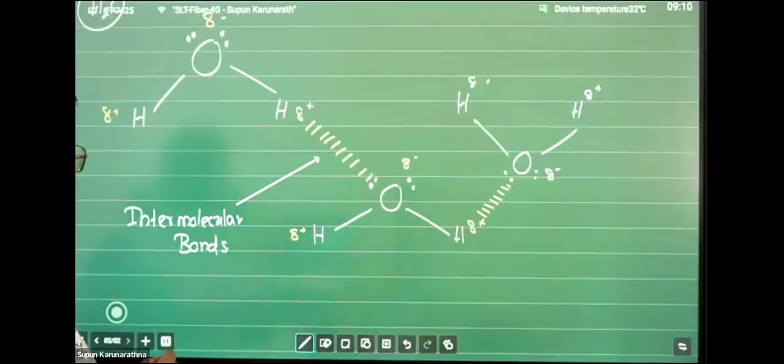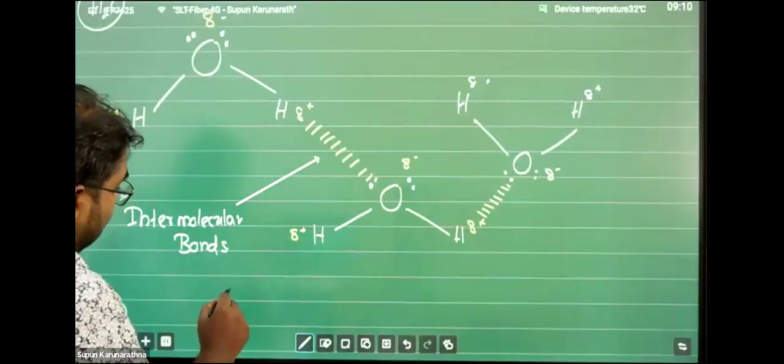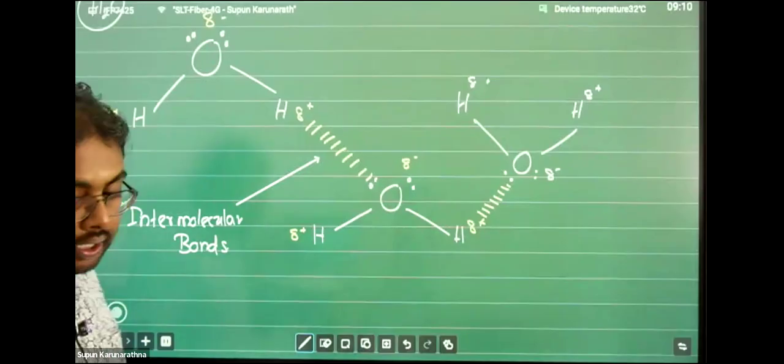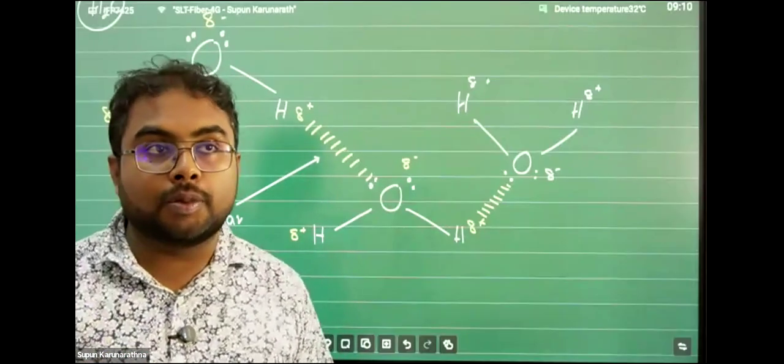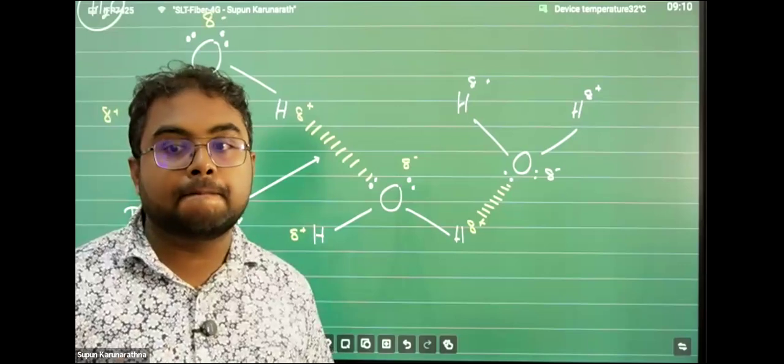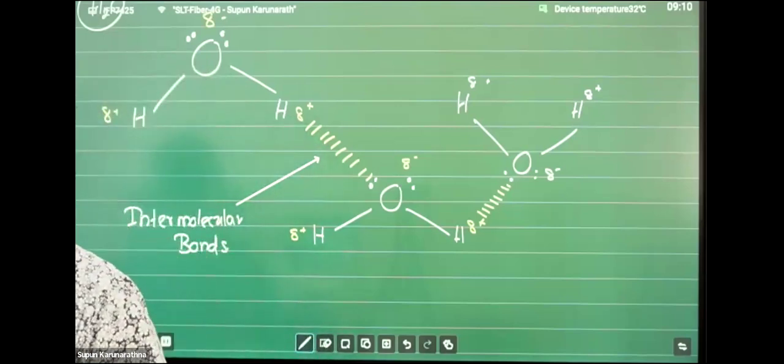One of the features is a high boiling point, and the density is higher. At room temperature water exists as a liquid. These kinds of features water has due to its polarity. What are they?